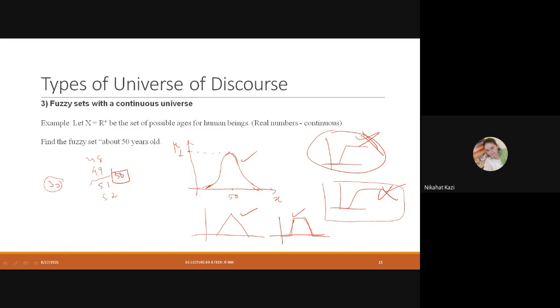There could be variations in terms of the ranges of values, like where you're making this peak, where you're starting the membership as zero, 0.8 or 0.9. The slope of this line could be different. The type of membership function could change, from a bell-shaped curve to a triangular curve to a trapezoid. It could change, but logically it should make sense. That is the crux of it.